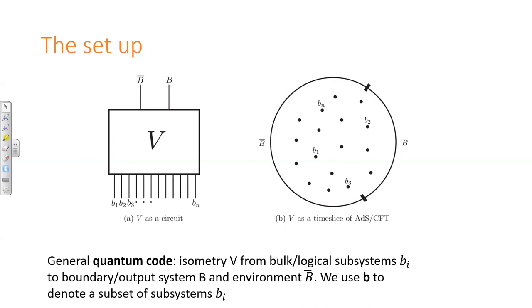You can imagine some discretization of the bulk, and so we have all these different bulk points, and our bulk Hilbert space is just a tensor product of that. Then there's going to be some linear map V, which for the moment at least we'll take to be an isometry. It maps that bulk state to the corresponding CFT boundary state, which is a tensor product. Really it's a tensor product of local points across the boundary, but we're just going to split it into the two regions, big B and big B bar.